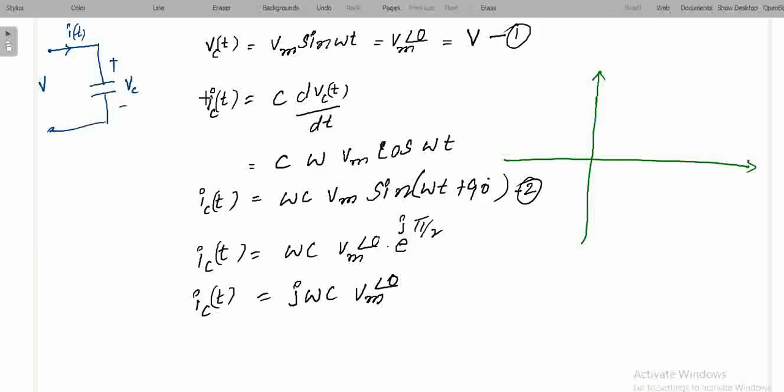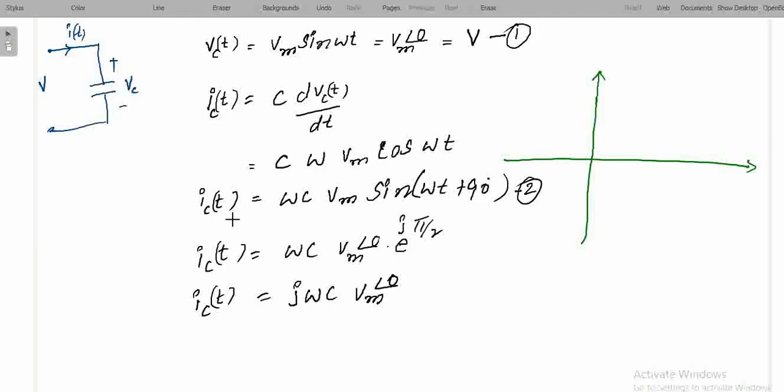So for the capacitor, what happens? Current leads the voltage by 90 degrees. Current leads the voltage by 90 degrees. It is nothing but voltage lags the current by 90 degrees, we can write.